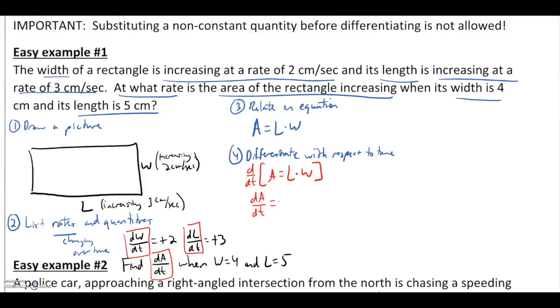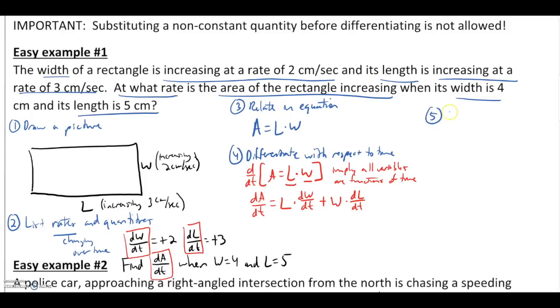What we're going to imply in this problem, imply all variables are functions of time. And if we think of it that way, we have L times W, these 2 functions of time being multiplied, we're going to have to apply the product rule. So the first times derivative of the second, and the derivative of W with respect to time is dW/dt, plus the second times the derivative of the first.